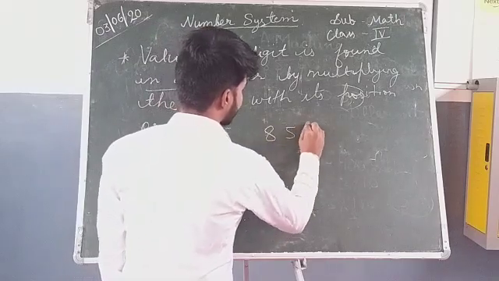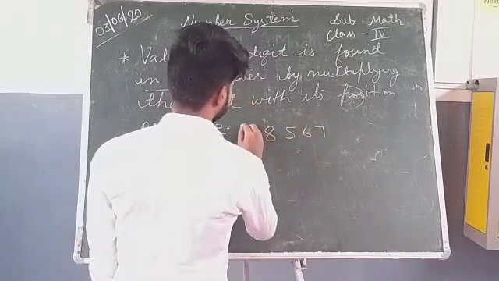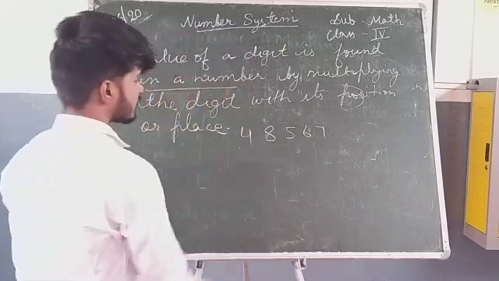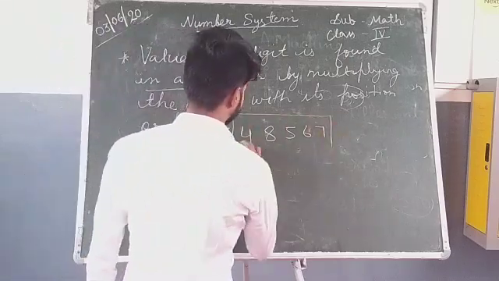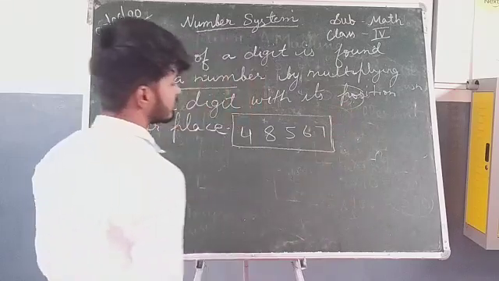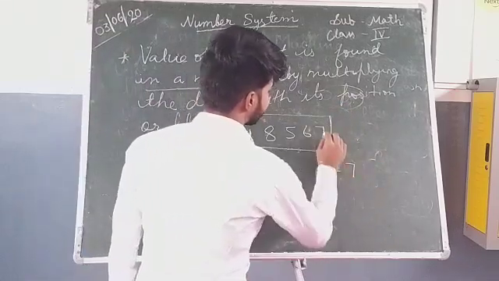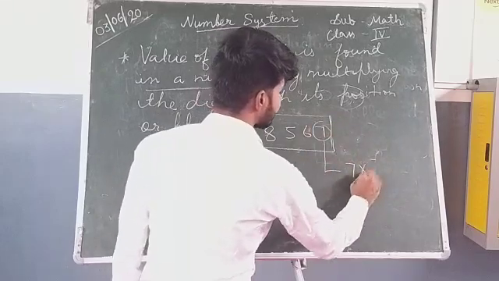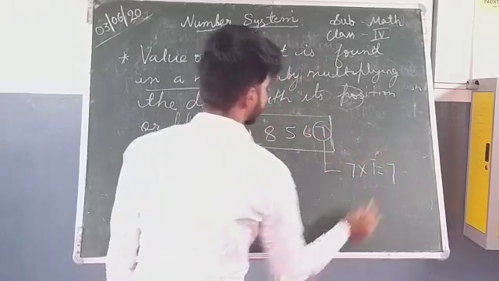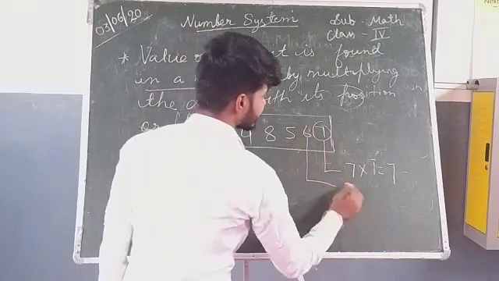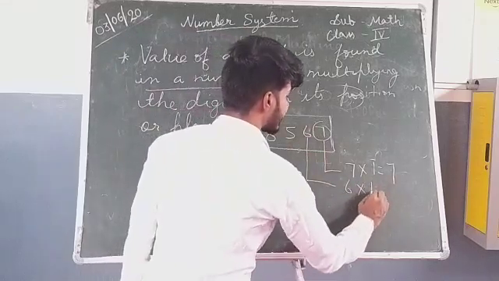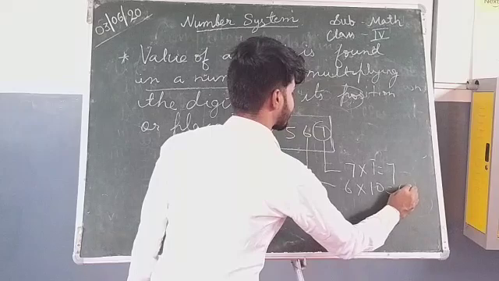8, 5, 6, 7, 4. So this is a 5-digit number. Now we will find the position or place of this number. 7 is in the ones place, so it will be 7 into 1, that is 7. Now 6 is in the tens place, so it will be 6 into 10, that is 60.